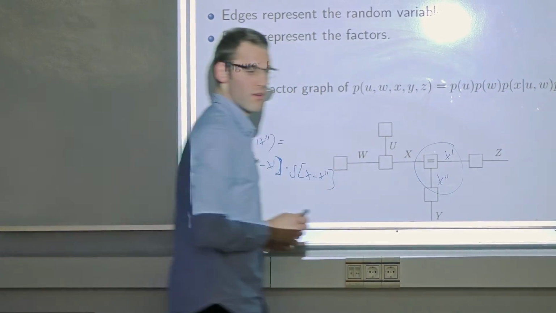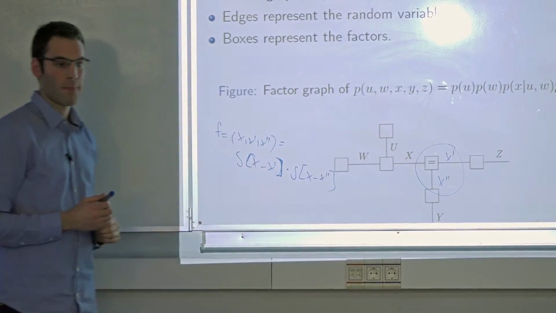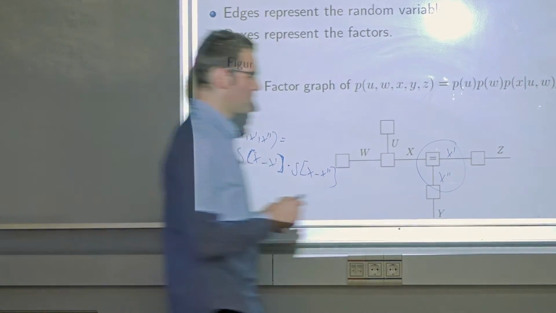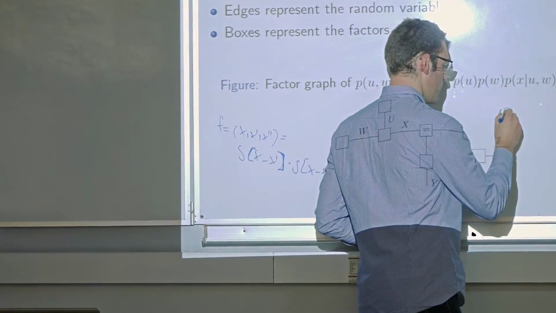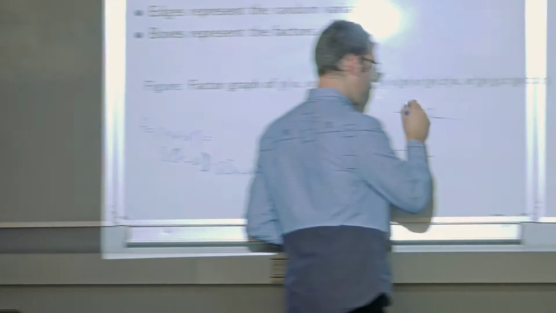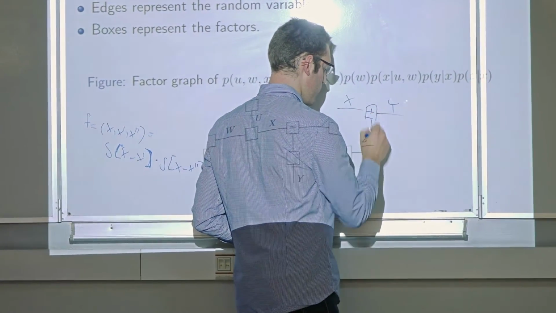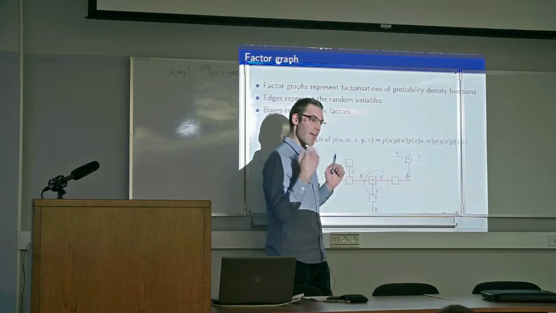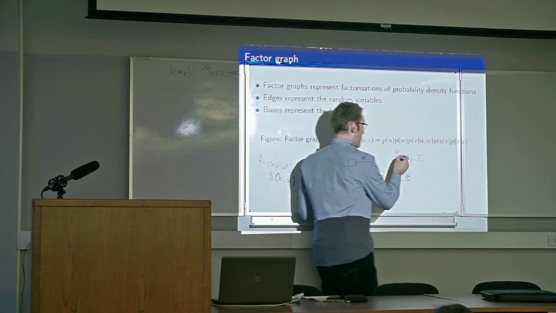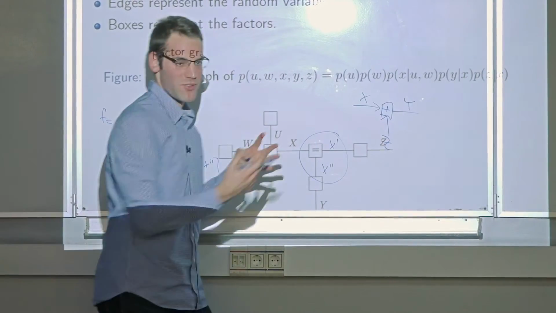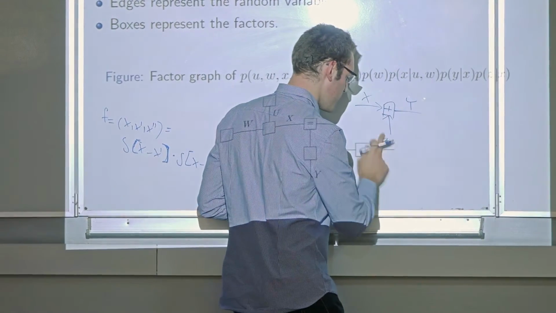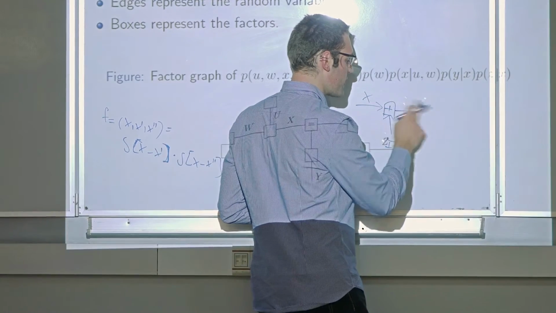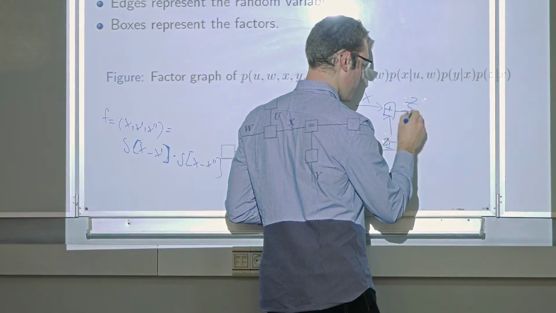There's also a plus node, which would be such a thing, if you had, say, x, y, and z. Factor graphs are not oriented graphs, so they don't have directed edges, but sometimes you write arrows to show some causal relationship. So this is z.